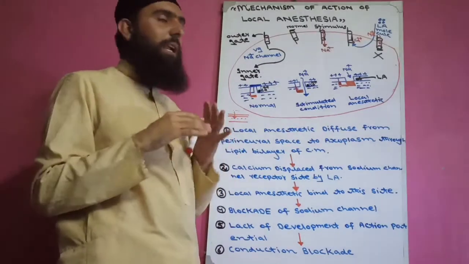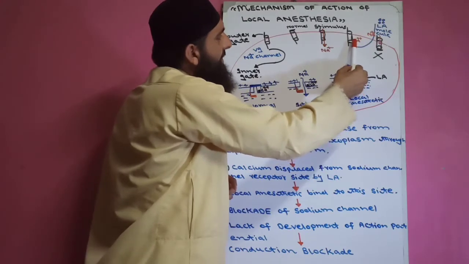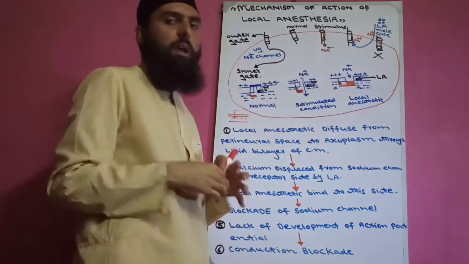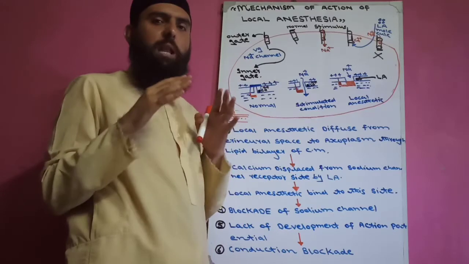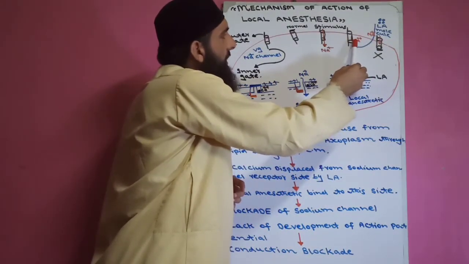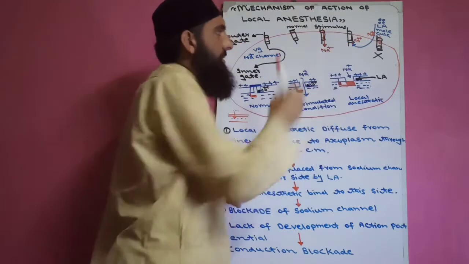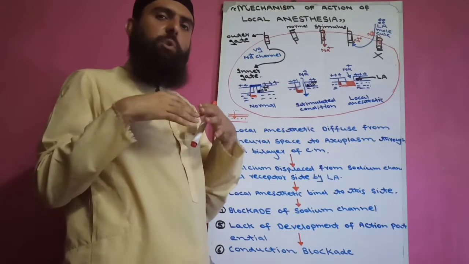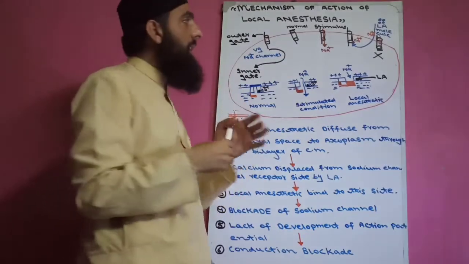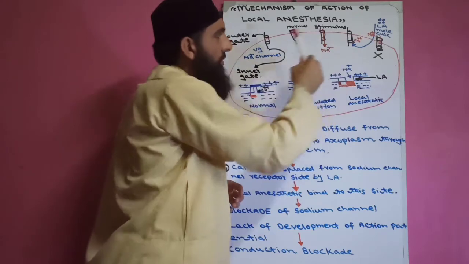Now the local anesthetic displaces the calcium ion and the local anesthetic molecule will be attached on this receptor. When the local anesthetic molecule attaches on this receptor, there will be closing of the inner gate. Due to receptor attachment, the inner gate of the sodium ion channel becomes closed.